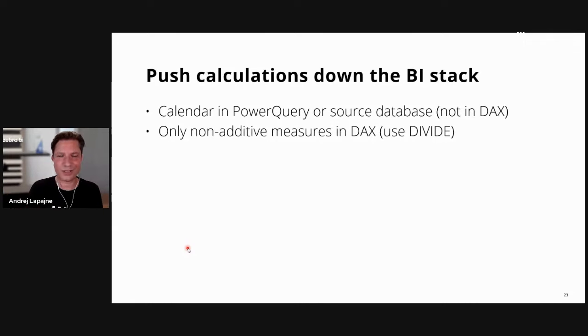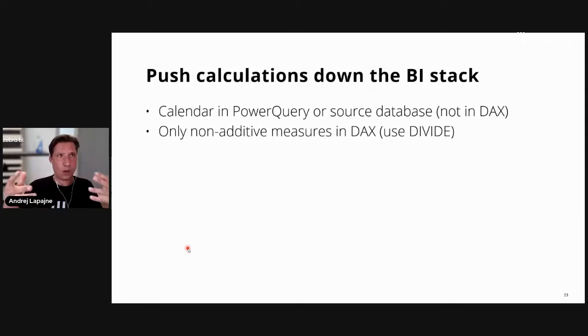We have shown how to use it, which is totally fine if you have a small data model and so on. But if you do have performance problems, then you want to generate things like the calendar dimension and other calculations down the BI stack.